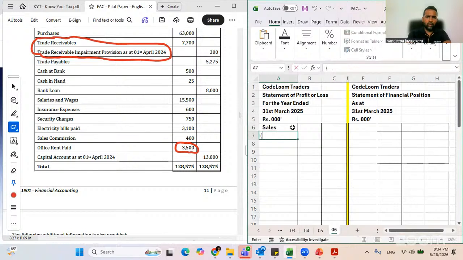And from that you need to deduct the cost of sales. You have the opening inventory, purchases, closing inventory.